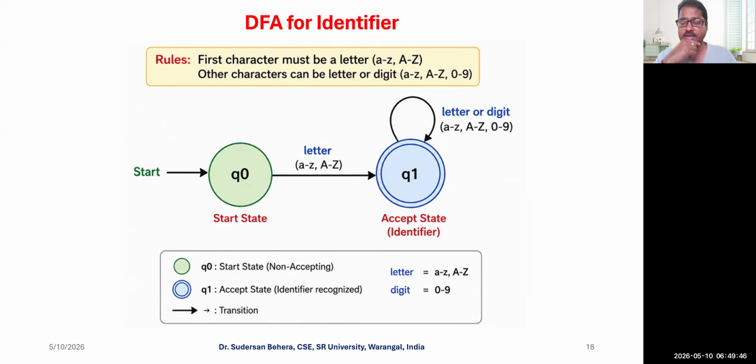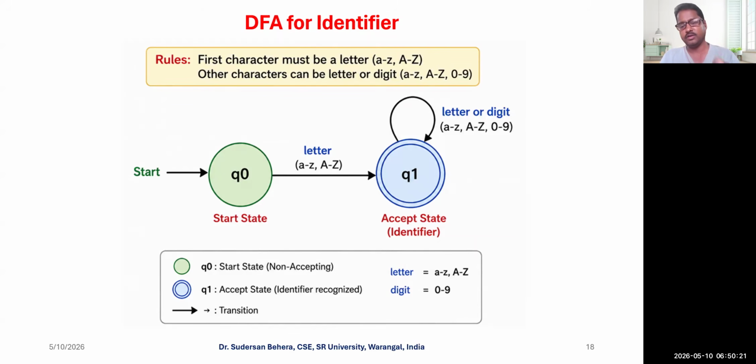So here the initial state is Q naught. From the initial state, the DFA every time reads a letter. After reading that letter, if there is a single letter in the identifier, then it goes to the final state and is accepted. If multiple letters are there, then in the final state itself it can read multiple letters or a digit and go again to the final state.